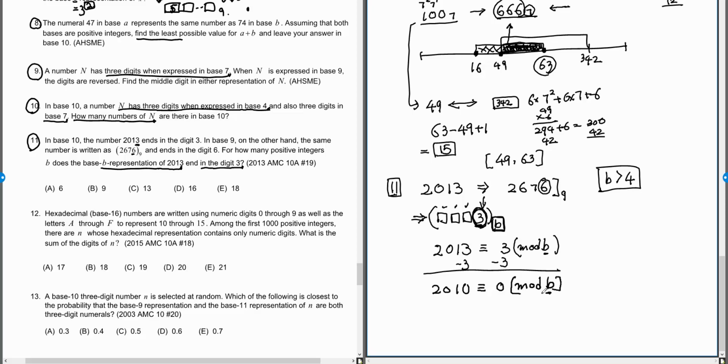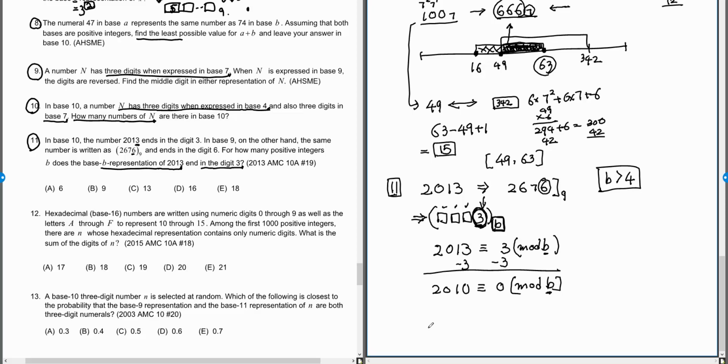What is this number? These are the factors of 2010, isn't it? When you divide 2010 by a factor, the remainder is always 0.